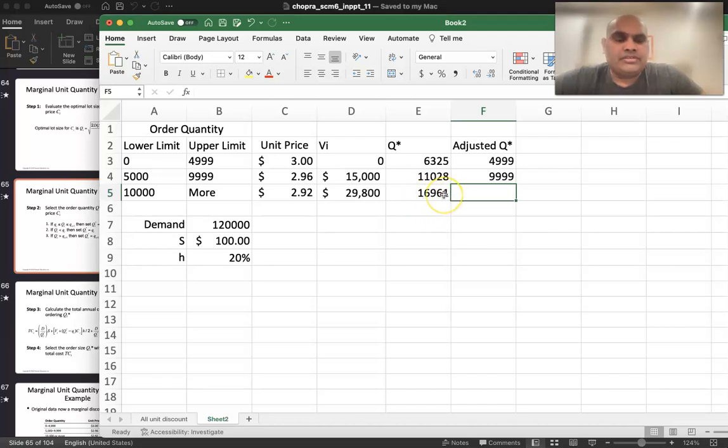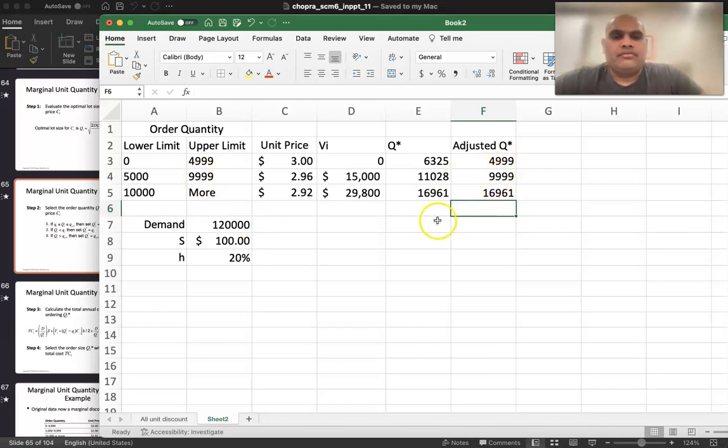And finally, 16,961 is more than 10,000, so it is within the range, so we're going to keep it. Again, 6,325 is more than the upper limit in the range, so we adjust it to the upper limit.